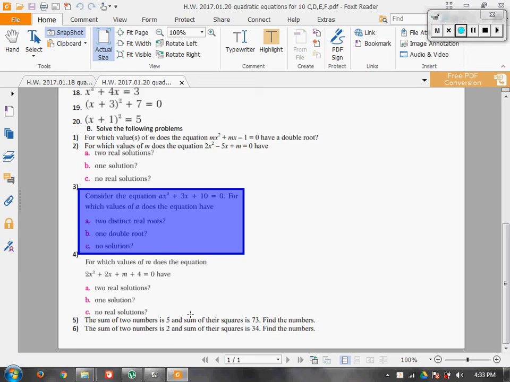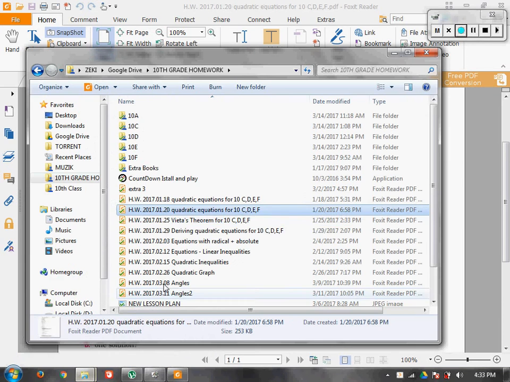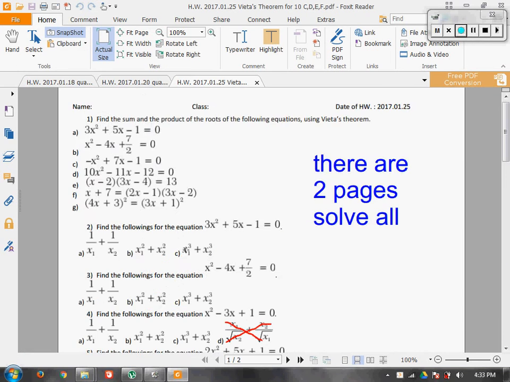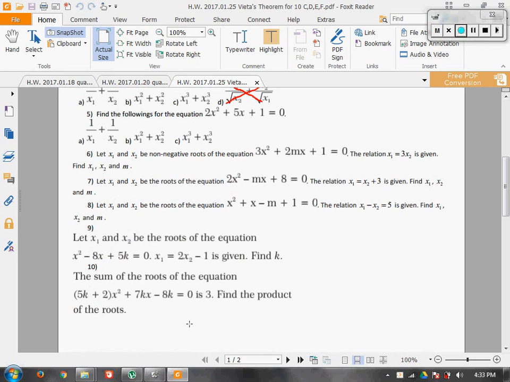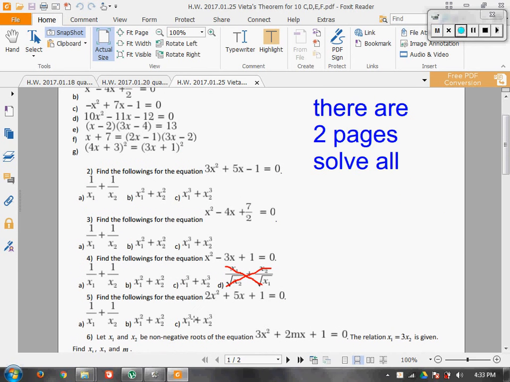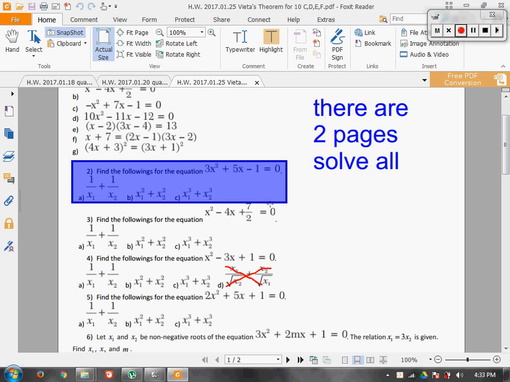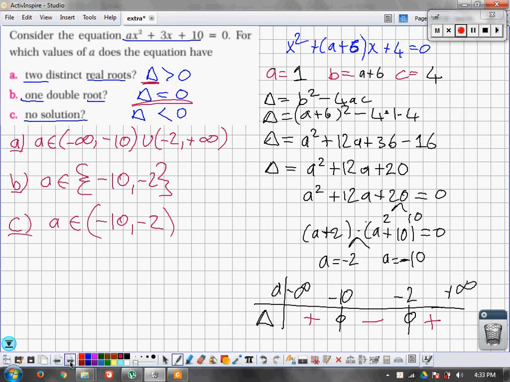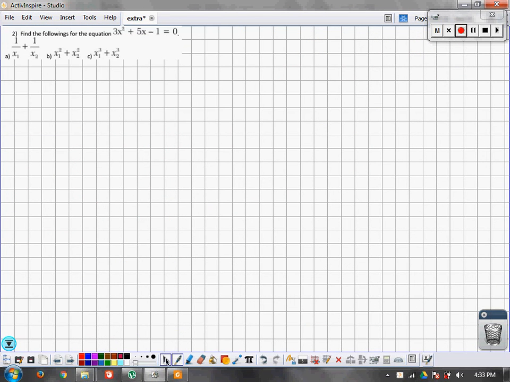Now let's go back to the homework part. This was the second. Now let's go to the third one. In the third one, the kind of questions, I think let's choose the first one here. This kind of questions. I also asked this one in the quiz, if you remember.